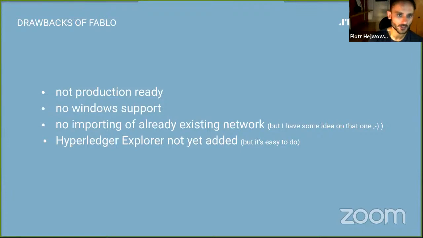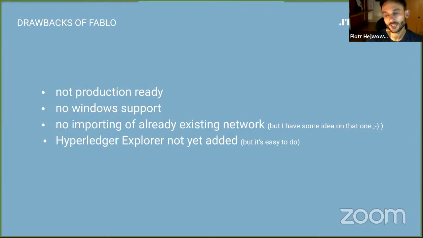Currently, we don't have any good support for Windows. We support only Linux and Mac OS. And it's fairly well tested on both of these and various systems, but not on Windows yet.